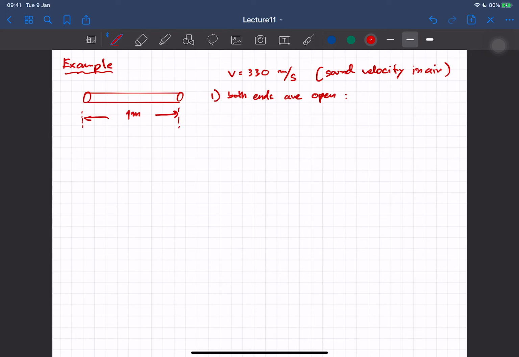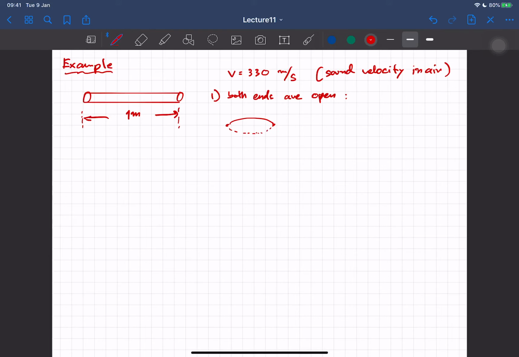Alright, so let's start with the lowest one. It's the case where both ends are open, so it's similar to the case where the 2 ends of the string are fixed. So the lowest is when you have something like this situation, and I always like to draw it because it gives me right away how I should think in terms of the wavelength.